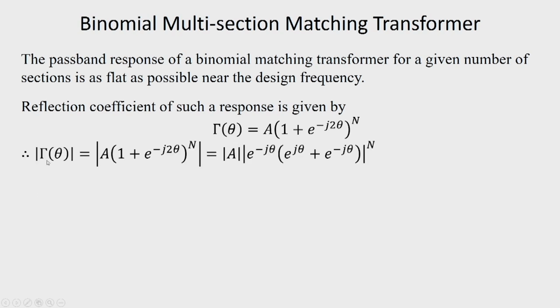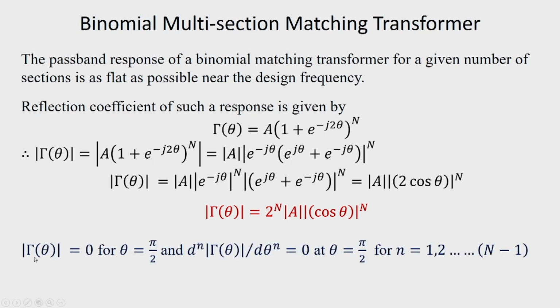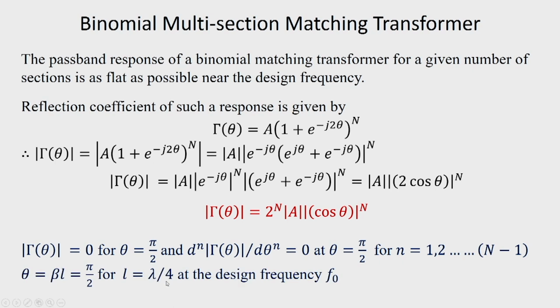If we write the modulus of gamma theta, then it is the modulus of A times 2 cos theta, raised to the power N, and this can be written as modulus of gamma theta is equal to 2 to the power N modulus of A times modulus of cos theta raised to the power N. Now, we can see that modulus of gamma theta equals 0 for theta equal to pi by 2, and the nth derivative, d n modulus gamma theta by d theta n, equals 0 at theta equal to pi by 2 for n equal to 1, 2, up to capital N minus 1, and we find that theta equal to pi by 2 corresponds to L equal to lambda by 4.